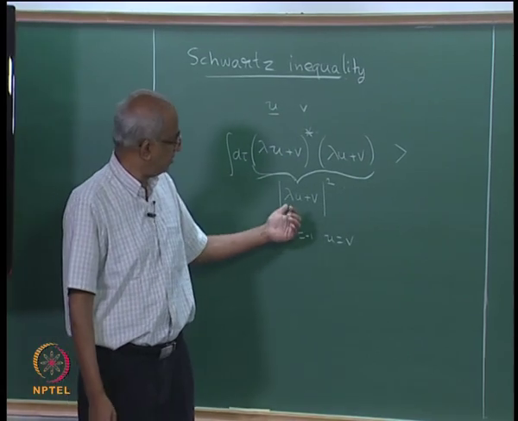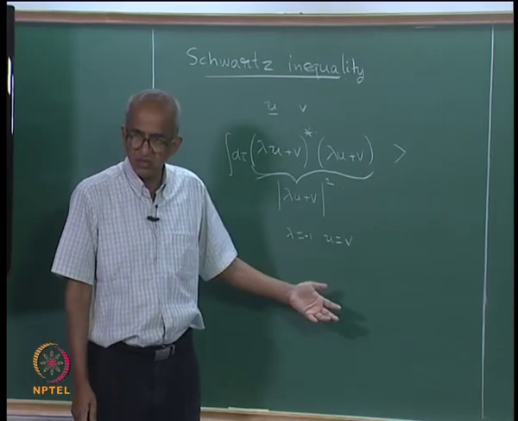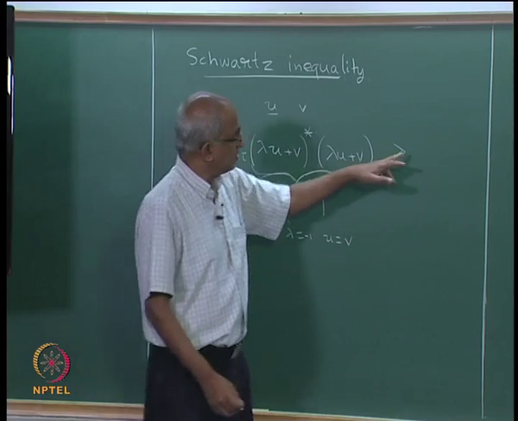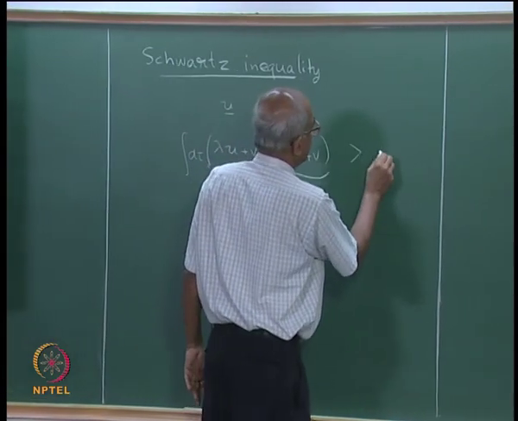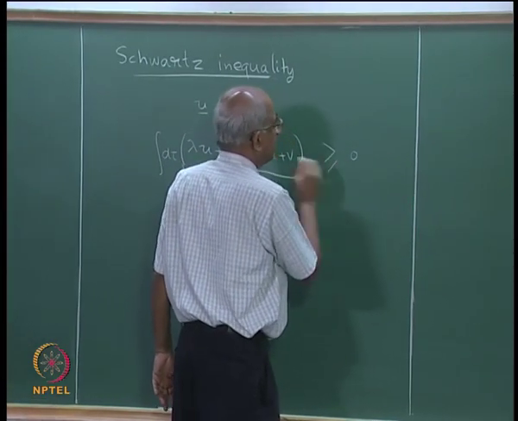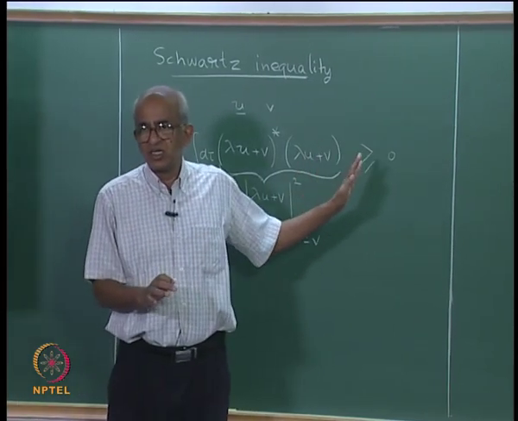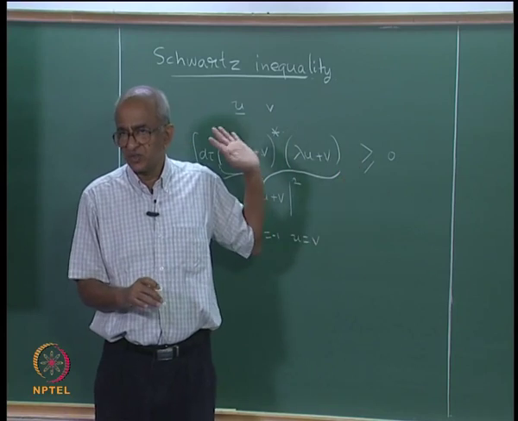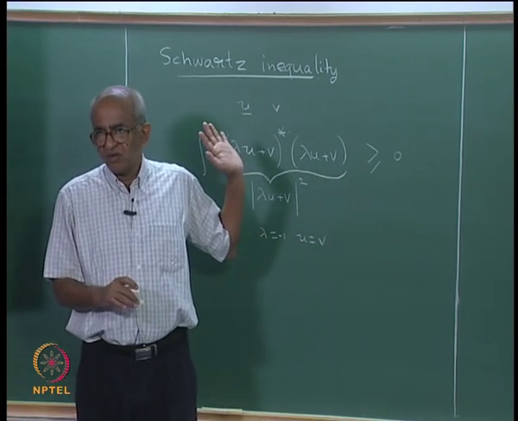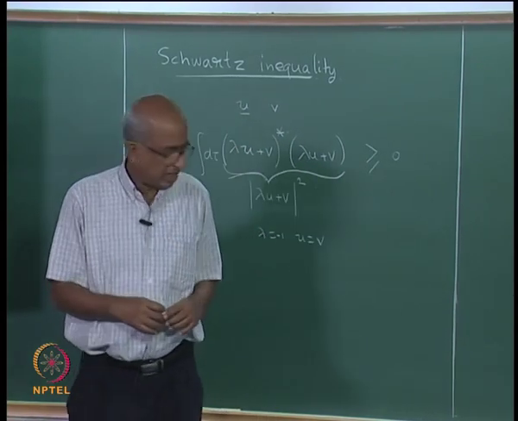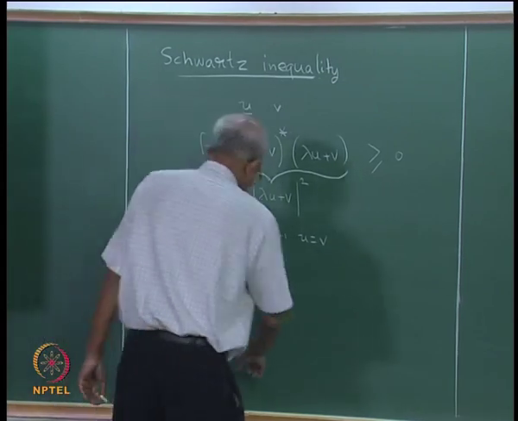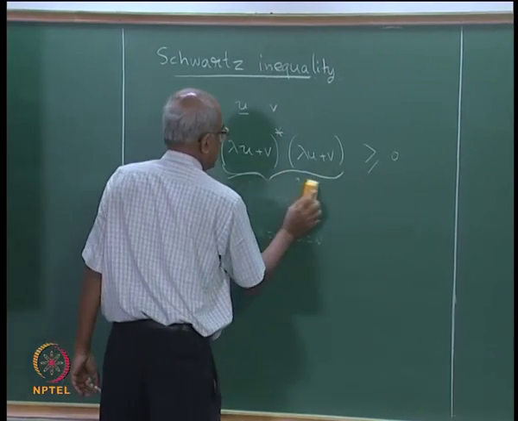Then what will happen? This function will turn out to be 0, in which case I have the possibility of having this equal to 0, and therefore, I can very confidently say that this integral has to be greater than or equal to 0, right. And if that is the way it is, I can expand this.